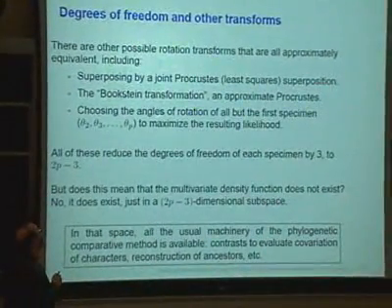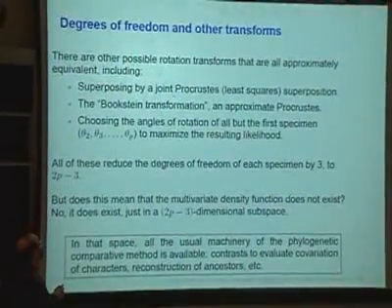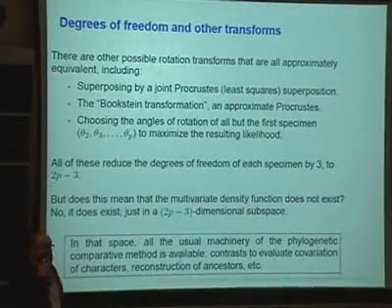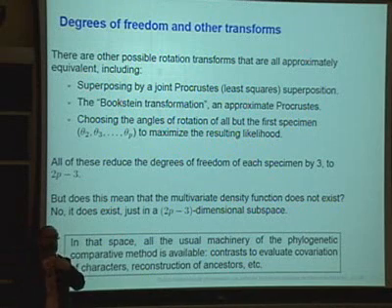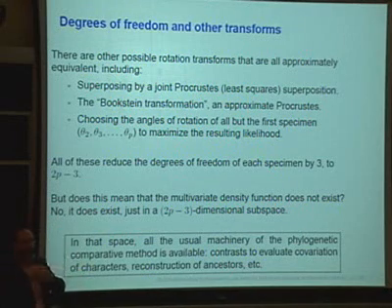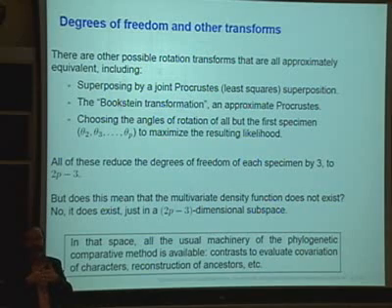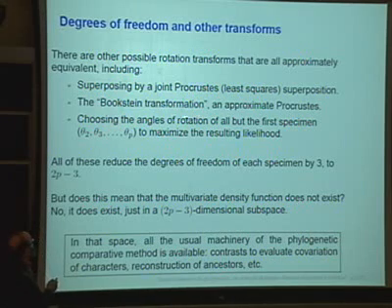What we do is we either superpose the specimens, and here I am superposing by what's called a Procrustes fit, which is a least squares fit of forms to each other, where that will take care of the rotations. Or there's a thing called the Bookstein transformation, which is an approximate fit of the specimens to each other.